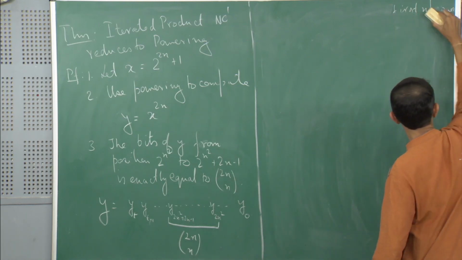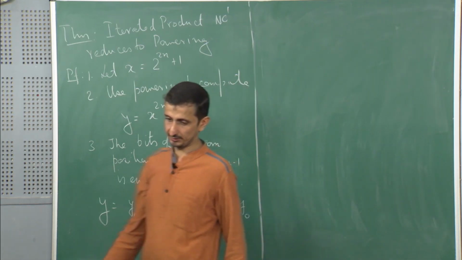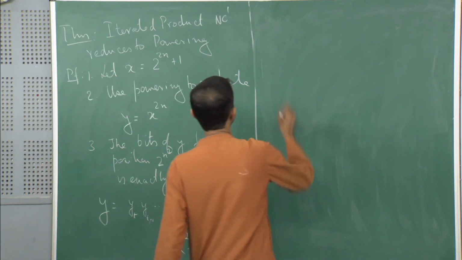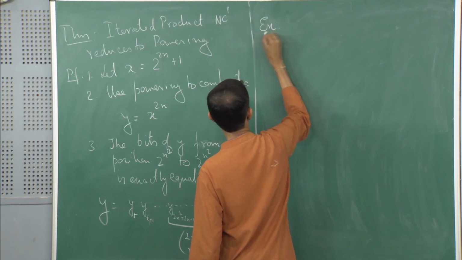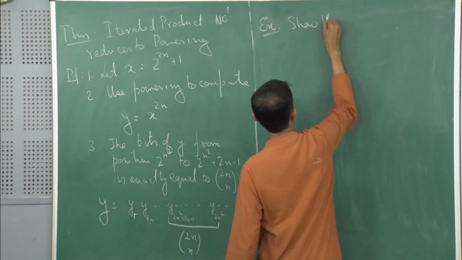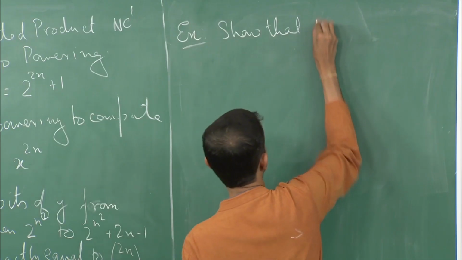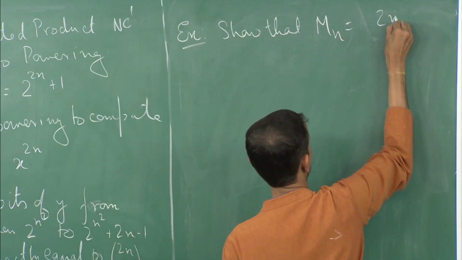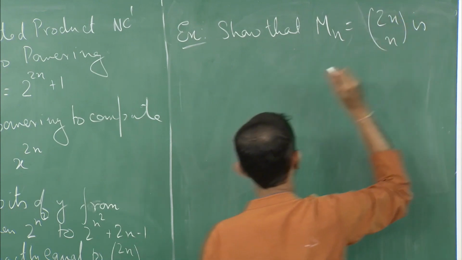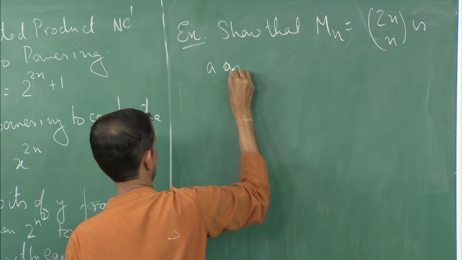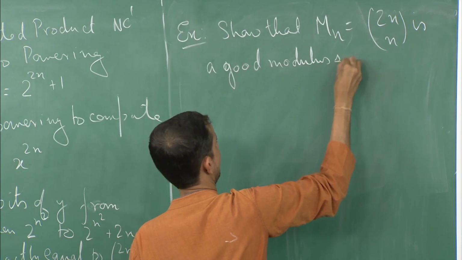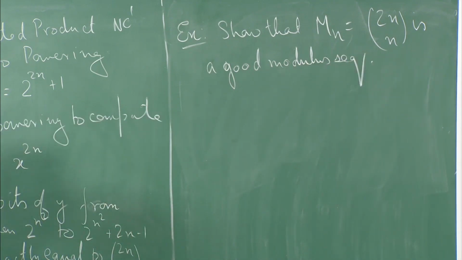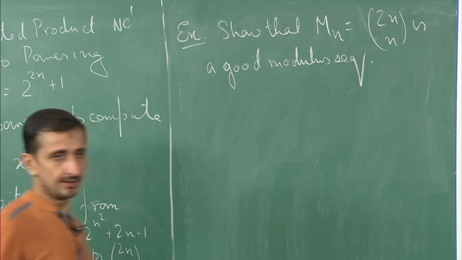So, I will just leave the remaining as an exercise. What you can see is that, show that Mn equal to 2n choose n is a good modular sequence. And what we have seen just earlier is that if somebody gives me a good modular sequence, I can compute iterated product.